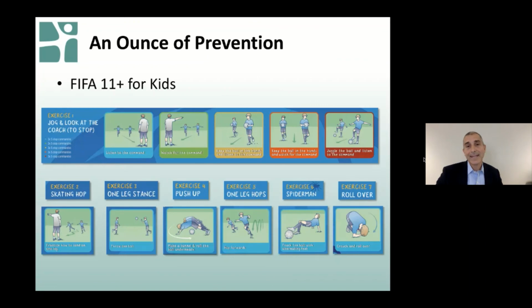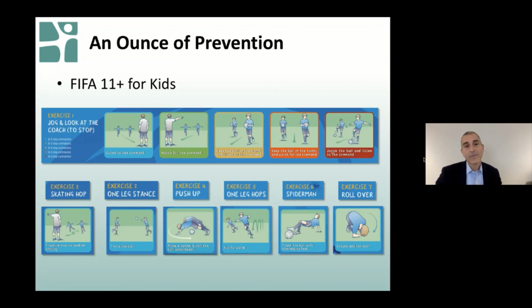One example that is proven in the literature to be effective is the FIFA 11 Plus for kids. And this began as a program of 11 exercises for our older athletes at higher levels of competition, and it's been modified for young children. And it basically consists of 7 exercises that can be performed along a spectrum of experience from beginner to advanced.